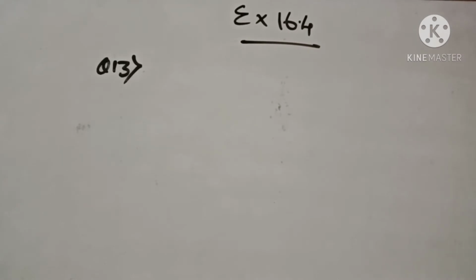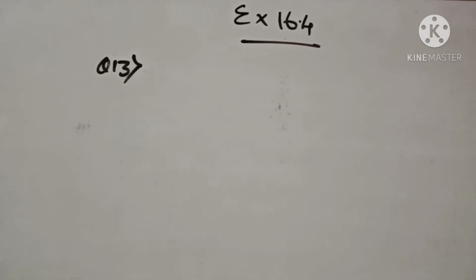Yes, question number 13. It is given a certain quantity of wood costs rupees 250 per cubic meter. A solid cubical block of such wood is bought for rupees 182.25. Calculate the volume of the block and use the method of factors to find the length of one edge of the block.